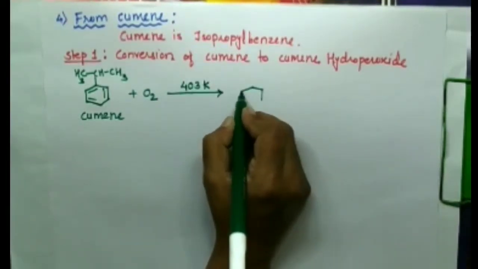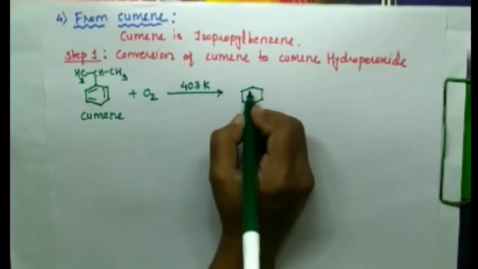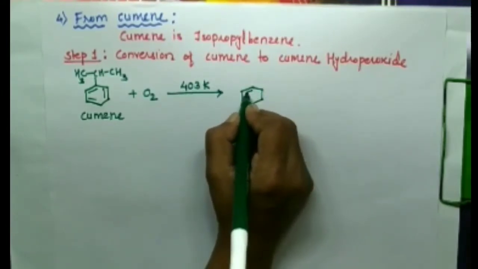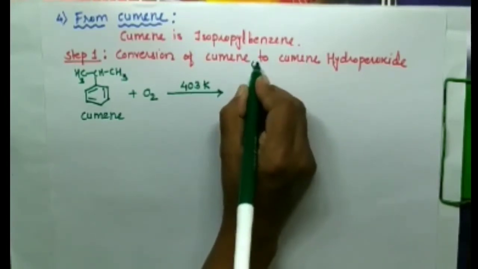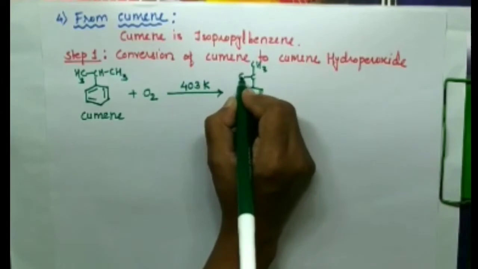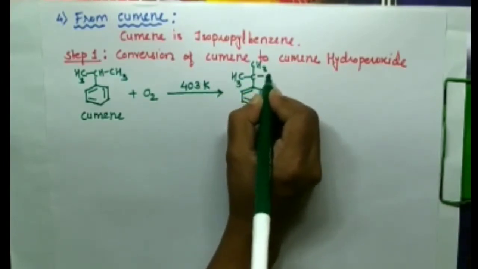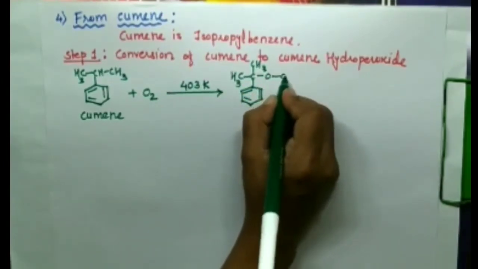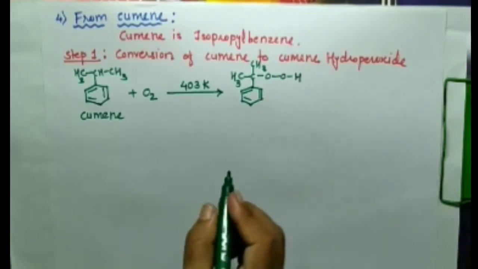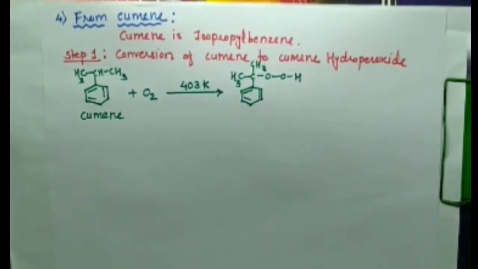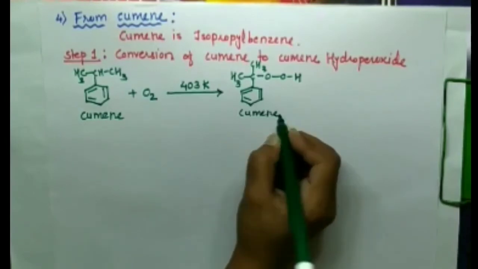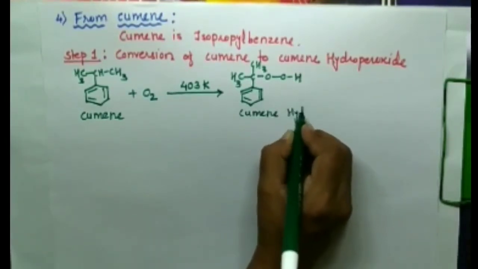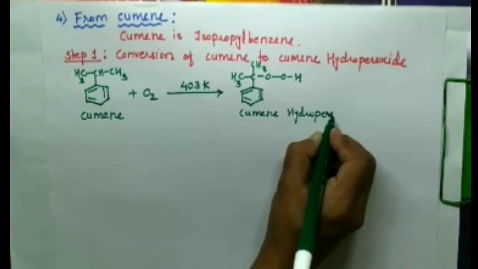Here we will get peroxide. This is step 1, and this is cumene hydroperoxide.